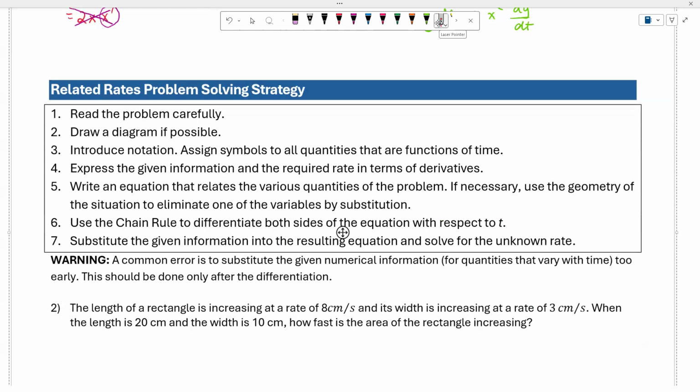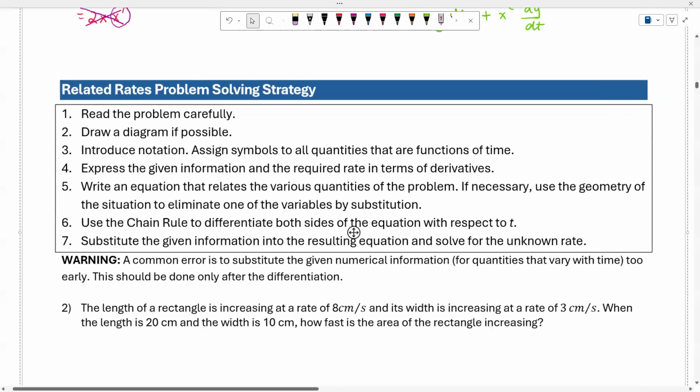We will use this for problems 3 and 4. Then we use the chain rule to differentiate both sides of the equation with respect to time. The last step is to substitute the given information into the resulting equation and solve for the unknown rate. Now, a common error is to substitute the given numerical information too early.